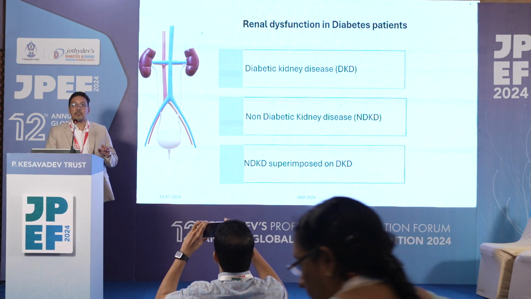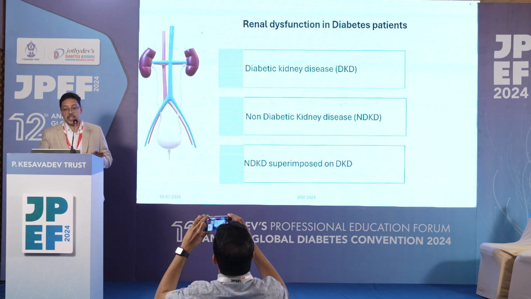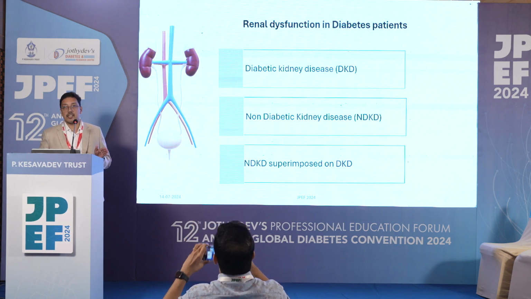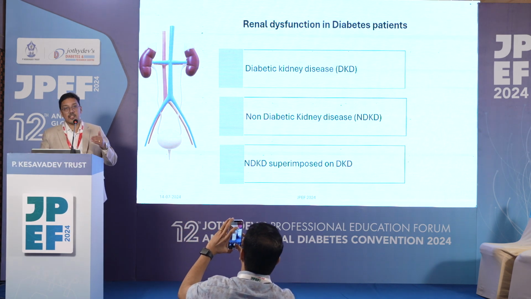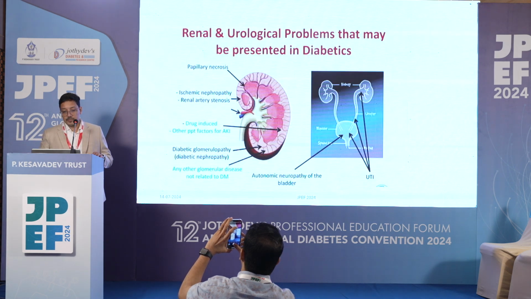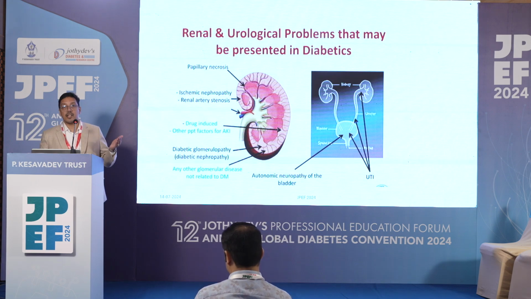Whenever a patient comes with diabetes with renal dysfunction, it can be a diabetic kidney disease, or a pure non-diabetic kidney disease, or a non-diabetic kidney disease superimposed on diabetic kidney disease. These are the renal and urological problems you may come across in a patient with diabetes.